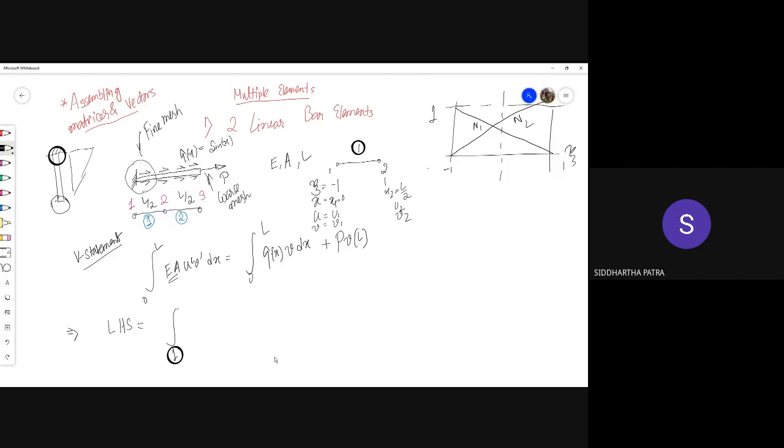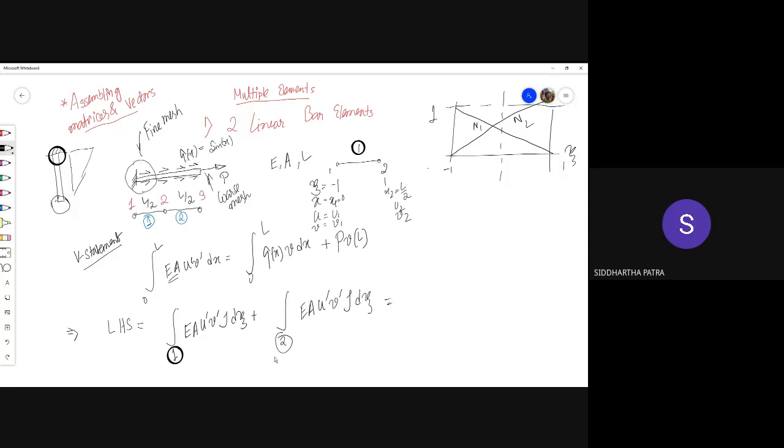This symbol represents that the integration is being performed on element number 1, and this one means the integration is being performed on the second element. You see, if I cover the two elements, essentially I am covering the entire bar. This whole integration can be represented like this.